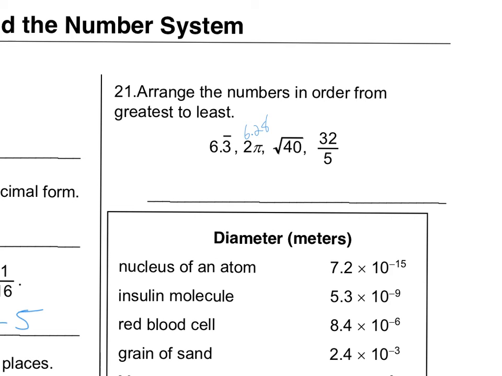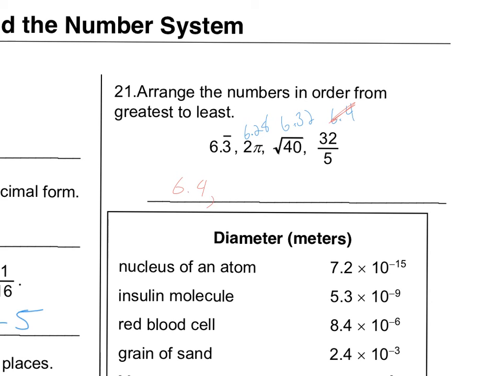The square root of 40, which we just solved on the last problem, was 6.32. And then 32 divided by 5 is 6.4. So which one of those is the biggest number? 6.4, that's going to be our biggest number.